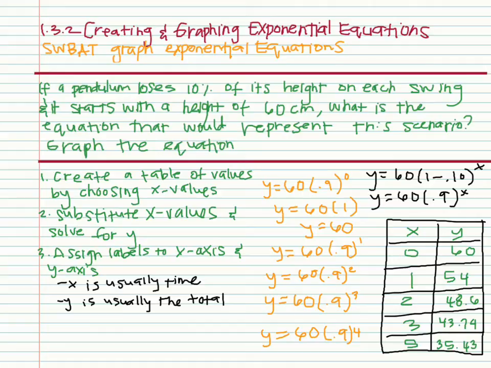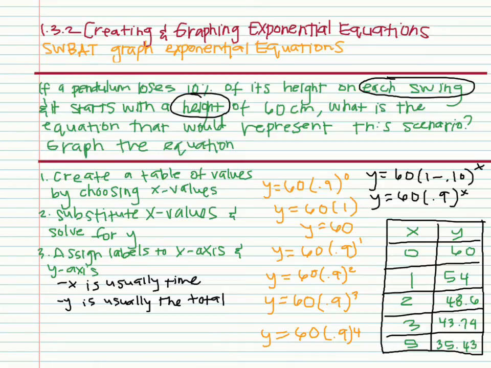We don't have minutes or hours in this problem, but we are measuring time based on the number of swings. So each swing is going to represent the x value, and we're trying to figure out the height of the pendulum. So the height is going to represent our y value.